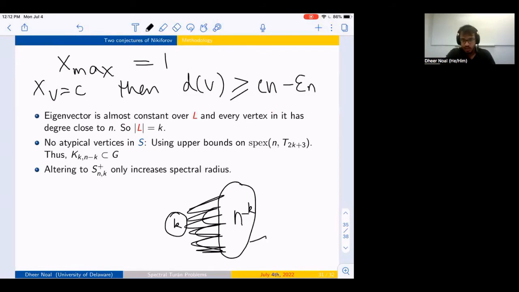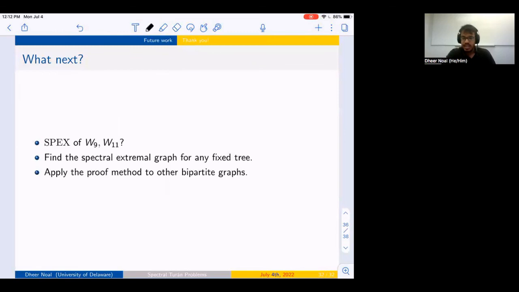And so that's showing that there are no atypical vertices in S, which requires some work. But once we do that, we can say that the complete bipartite graph of paths k and n minus k is contained in G, and then just altering to S and k plus is only going to increase our spectral radius. And that completes the proof.